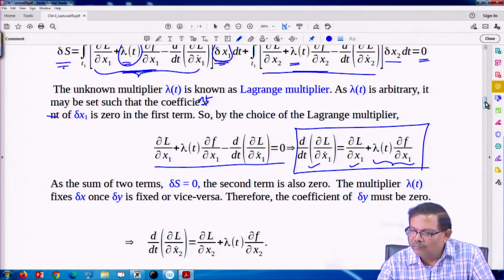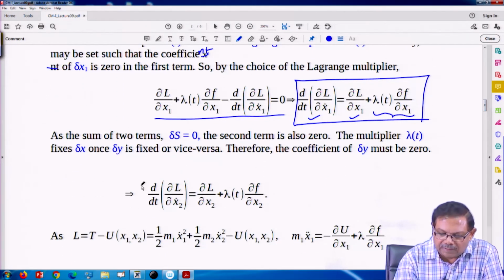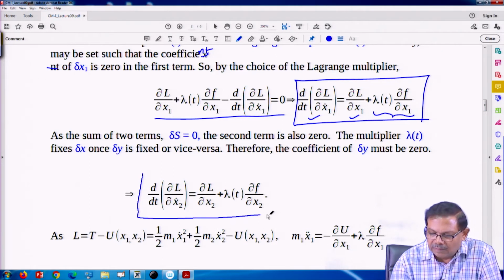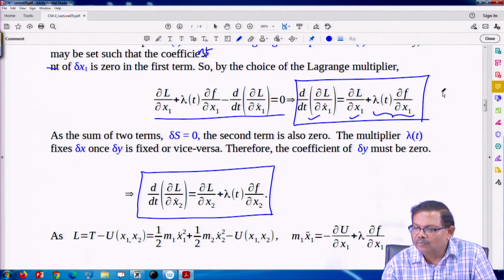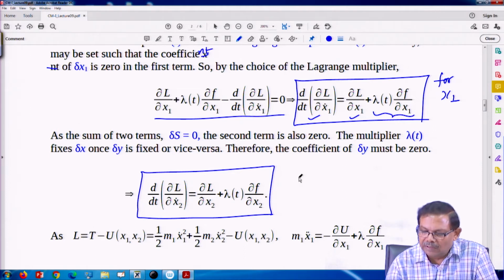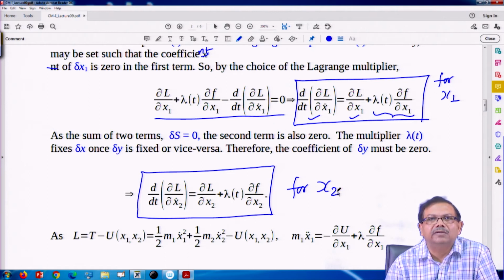So, now we have another equation of motion for the other Cartesian coordinate x 2. This was for x 1 and this is for the second Cartesian coordinate.